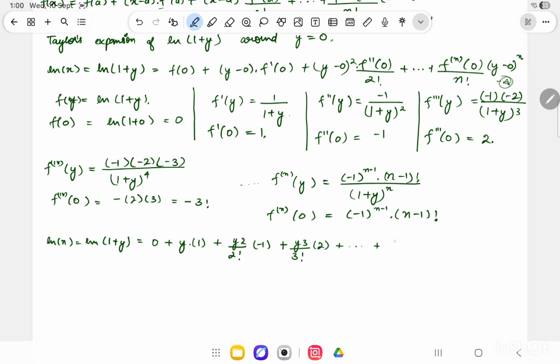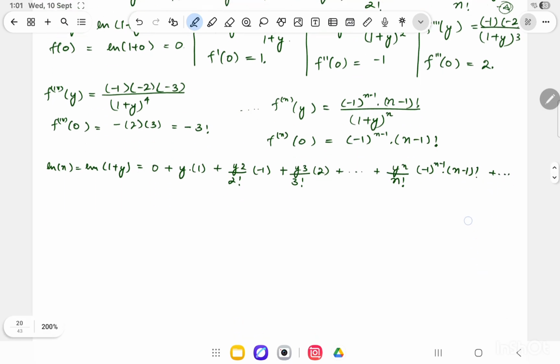Likewise, y^n divided by n factorial into the nth derivative at 0, that is (minus 1) raised to n minus 1 into (n minus 1) factorial, and so on.